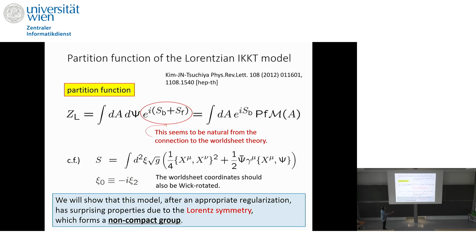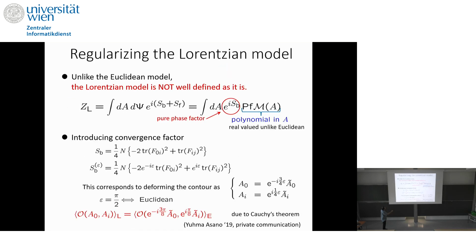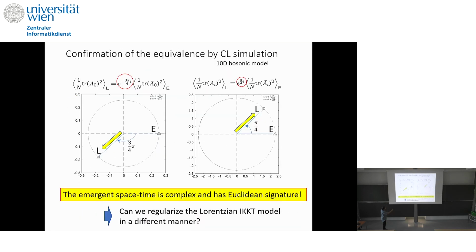So the Euclidean model gives positive quantities for these expectation values, and I plotted here the Euclidean results. But the Lorentzian result is complex, like this and this, and this is precisely given by this phase factor, as it should.